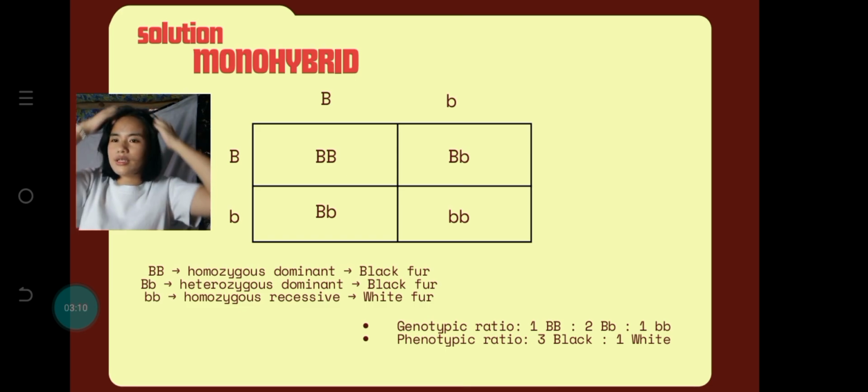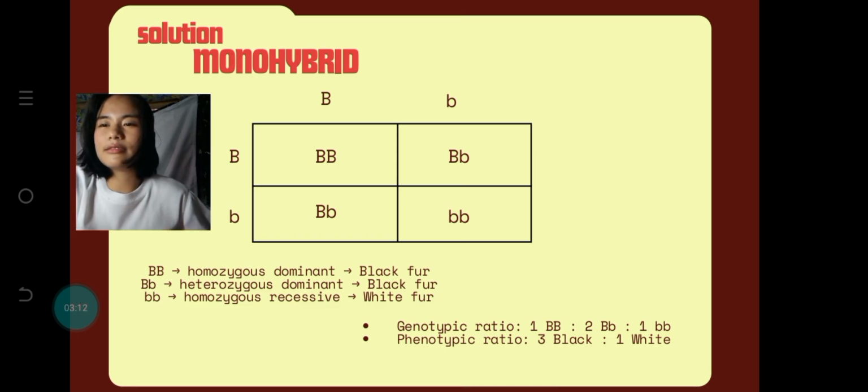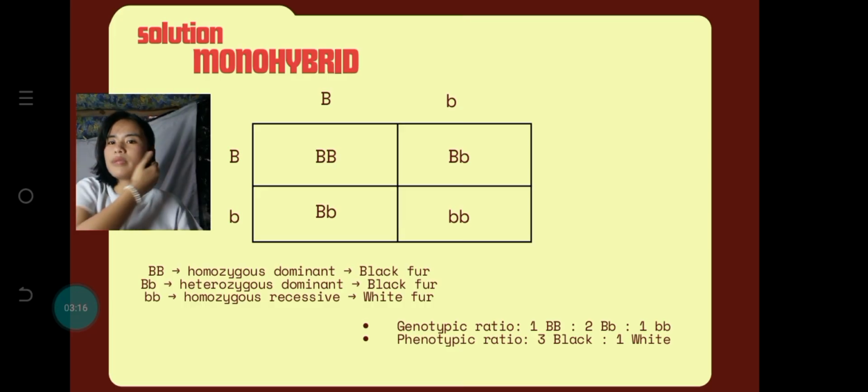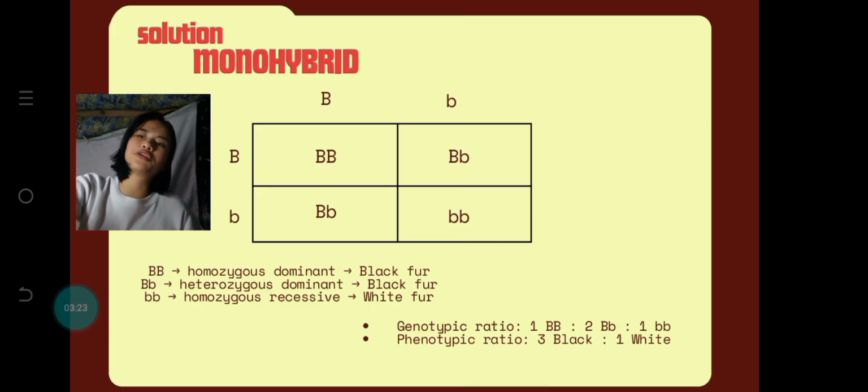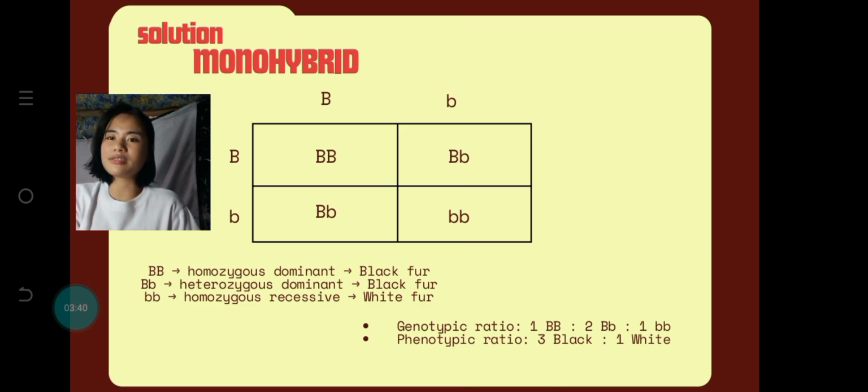So if ato na siyang Punnett square, mogawas ang homozygous dominant or black fur, which is ang kanang mga dagko, kanang big letter B, which is mao ang dominant. Gitawag na siya nga homozygous dominant. Second one is the heterozygous dominant, which is a dominant and a recessive one, while the homozygous recessive is this one.